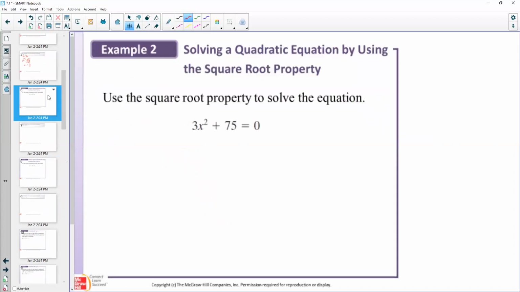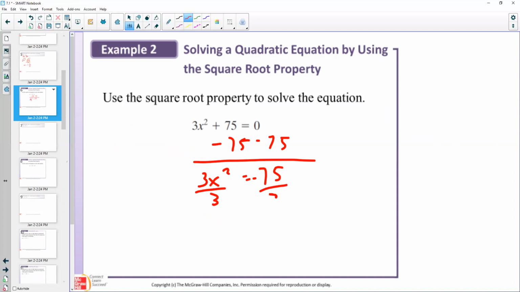So let's see if we can apply it here. Remember what the goal is: x squared on one side, everything else on the other. So I'm going to start by moving my 75 to the other side. So I get 3x squared equals negative 75. Divide by 3. I get x squared equals negative 25.